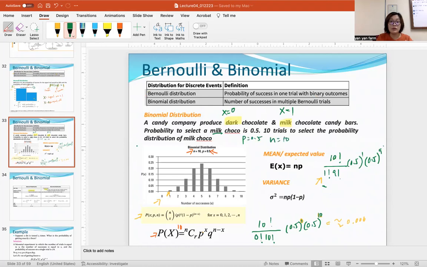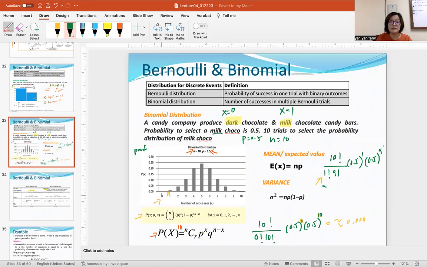I would like to have the PMF diagram for this. So my probability distribution equation is n choose x, times p to the power of x, times q, the failure, to the power of the total trials minus x. It's quite simple.